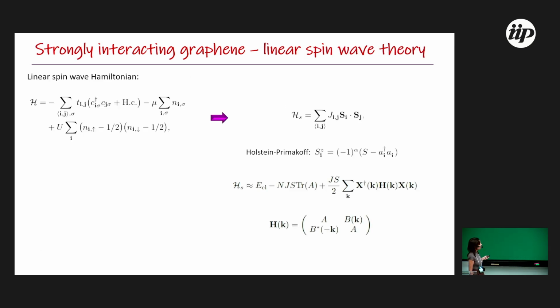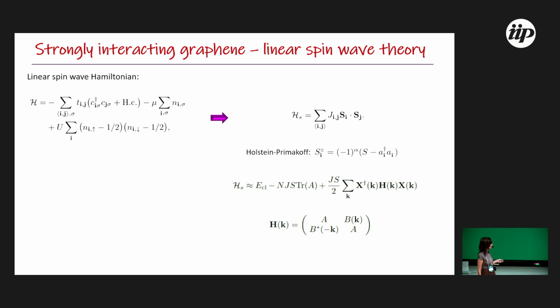And then we go to the opposite regime in terms of electron-electron interaction, and for that we use linear spin wave theory. Rodrigo did this calculation, and he told us that in this regime the Hubbard Hamiltonian can be mapped onto the Heisenberg Hamiltonian. Then we use Holstein-Primakoff linearization and get this linearized version of the Hamiltonian in the first approximation.